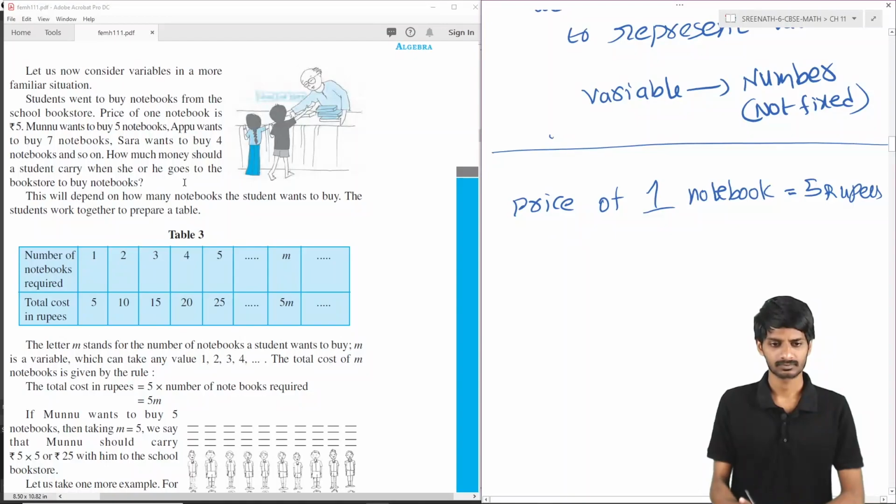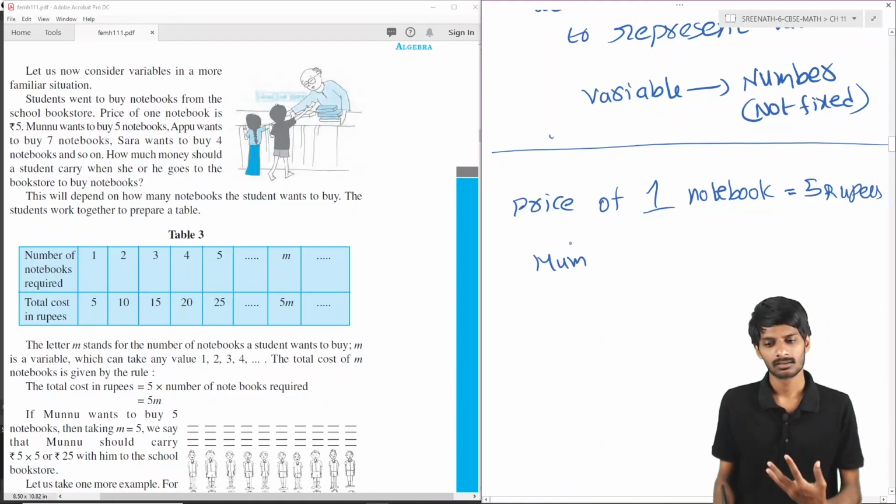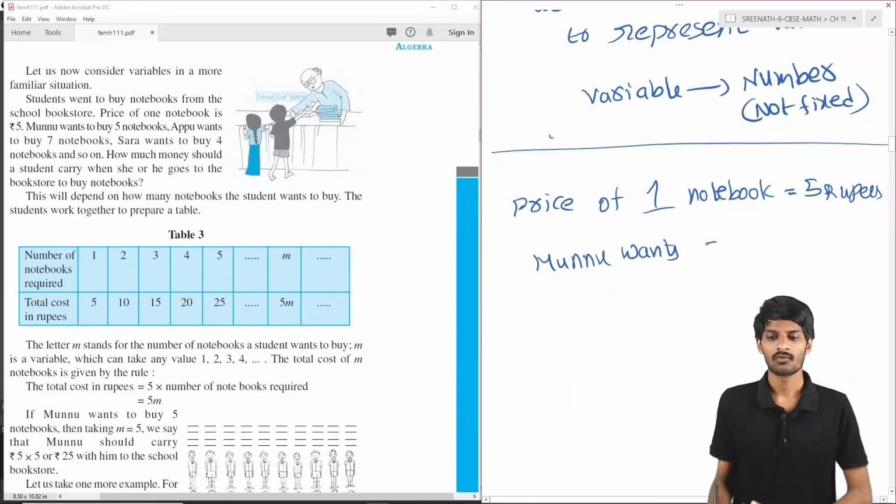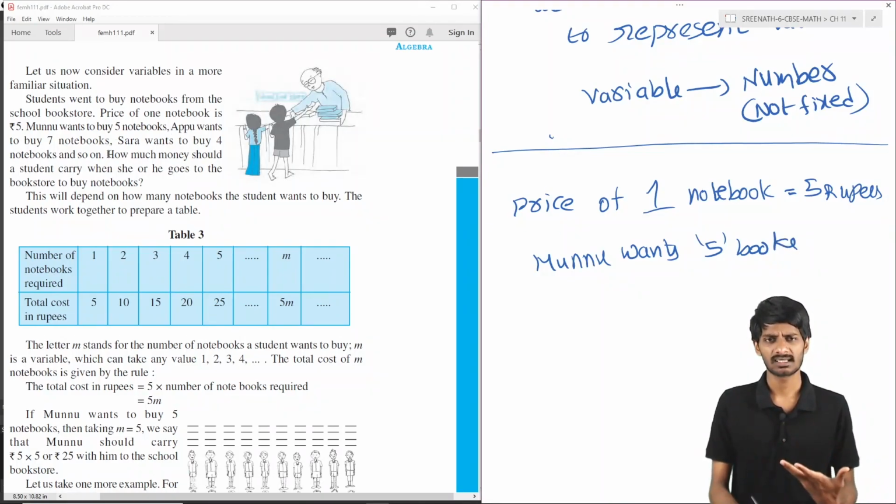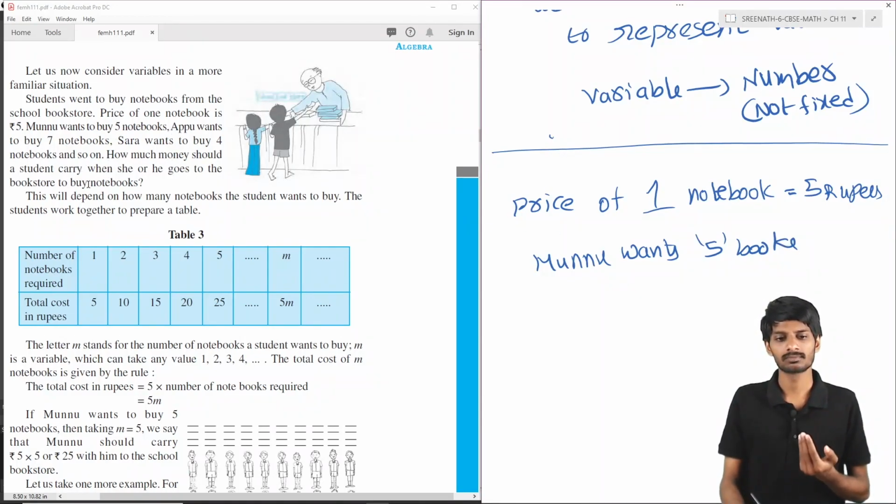So Munu wants to buy 5 notebooks. Appu wants 7. Sarah wants 4.